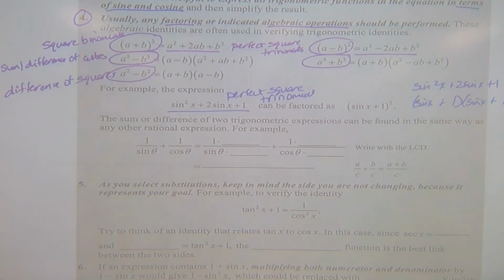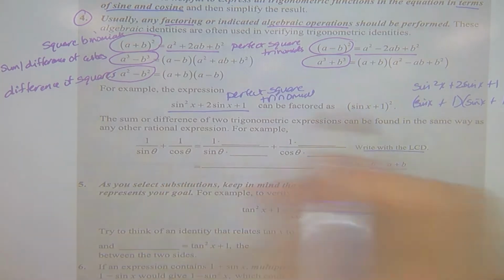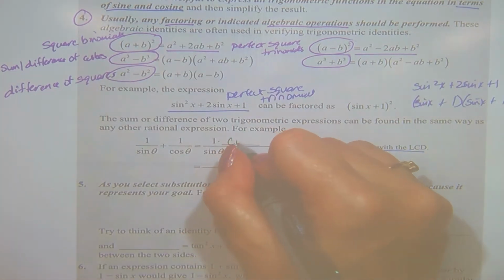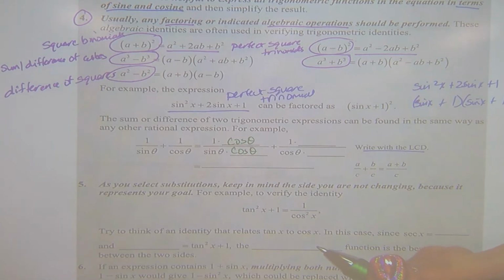All right. The sum or difference of two trig expressions can be found in the same way as any other rational expression. For example, 1 over sine theta plus 1 over cosine theta. If I find a common denominator, it says to write with the LCD. Well, my LCD is going to be sine theta cosine theta. So for this expression, I need to multiply by 1 that looks like cosine theta over cosine theta.